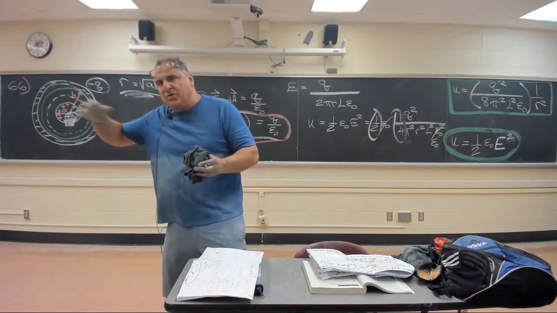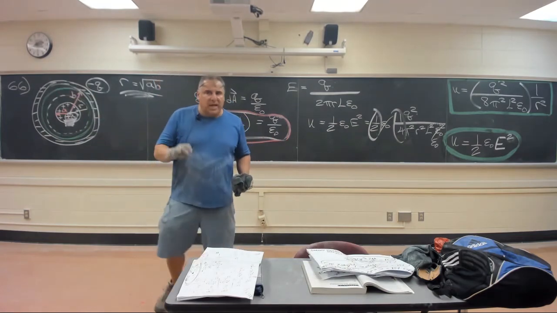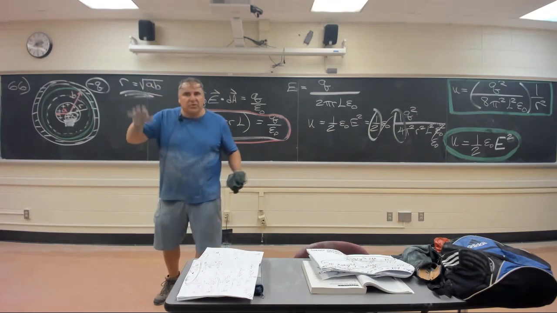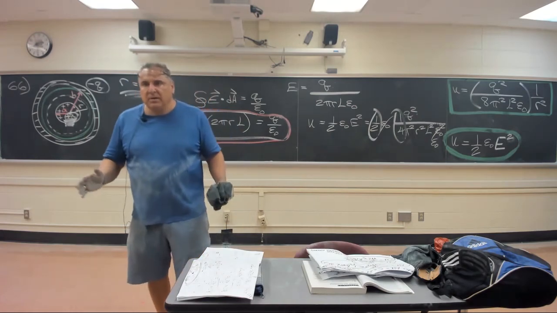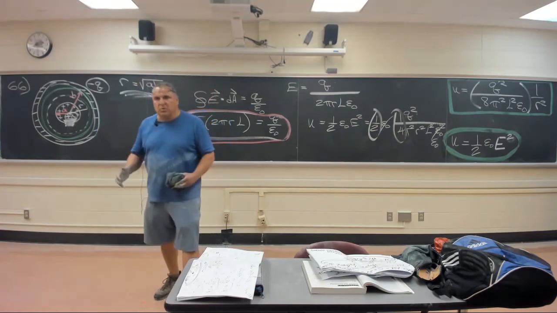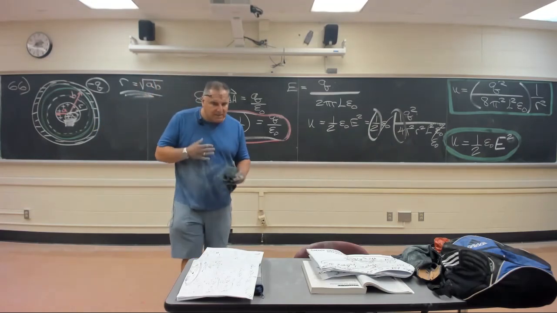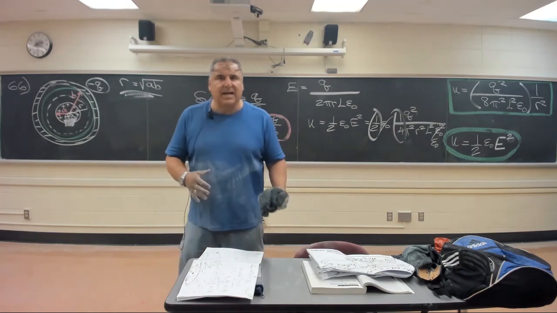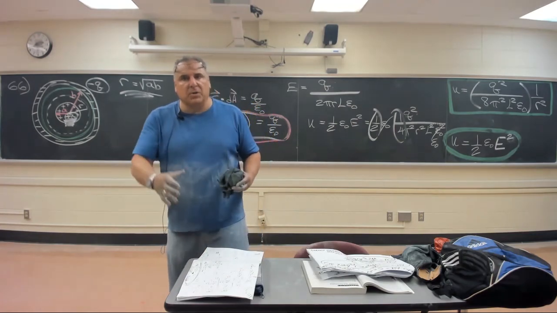As you move on, the potential energy per unit volume for another shell is different. But if you take the potential energy per unit volume and multiply it by the infinitesimal volume under consideration, you get the potential energy there.